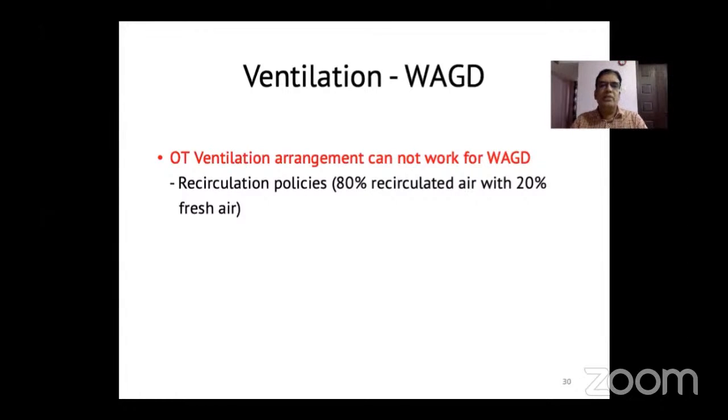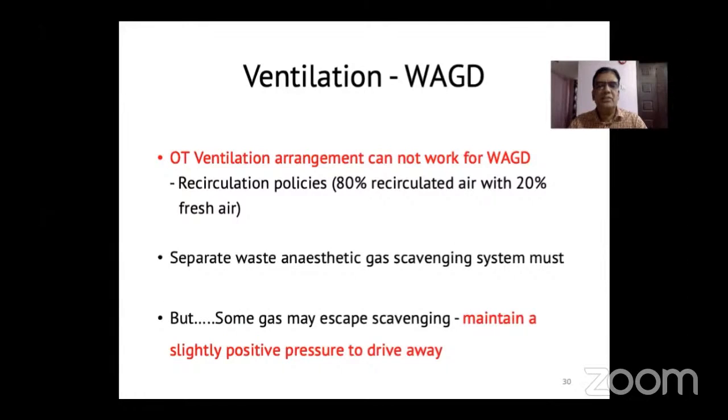OT ventilation per se will not be useful for the waste anesthesia gas disposal, because when you talk about OT ventilation management, there is always a recirculation. 80% of air is recirculated with 20% of fresh air. So if it is still required, we may try to use it. Otherwise, you should have a separate waste anesthetic gas scavenging system.